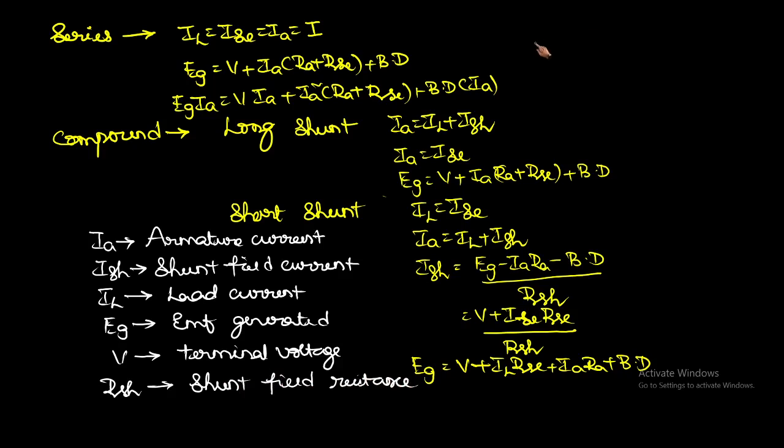Rse is the series field resistance. Ise is the series field current.